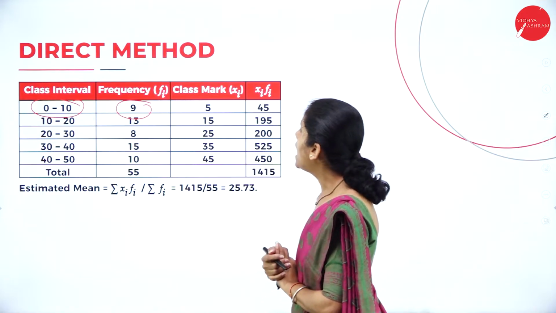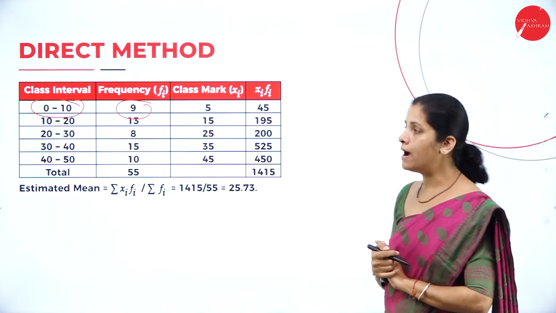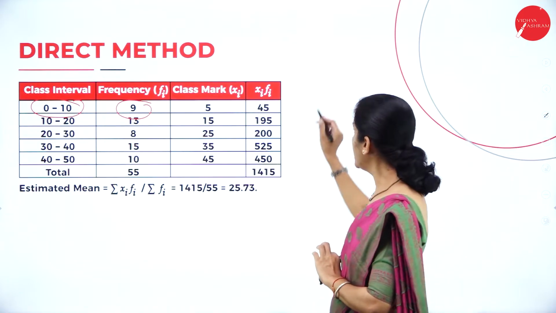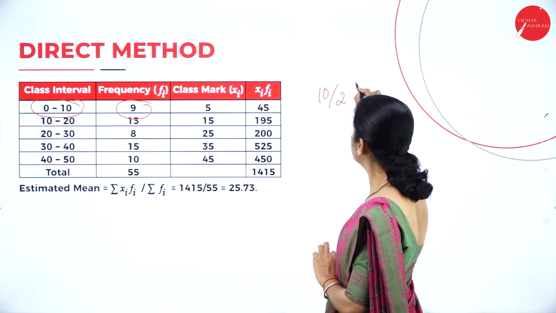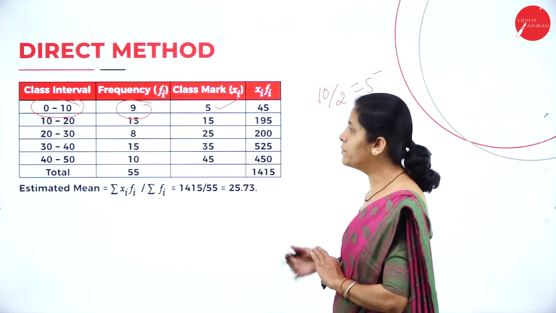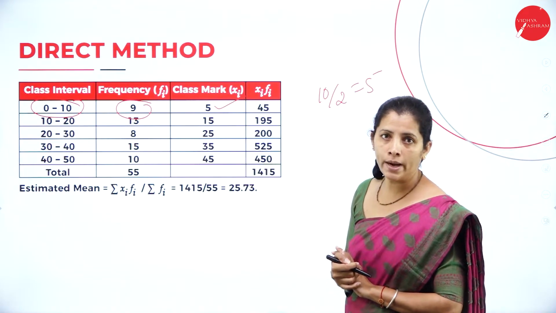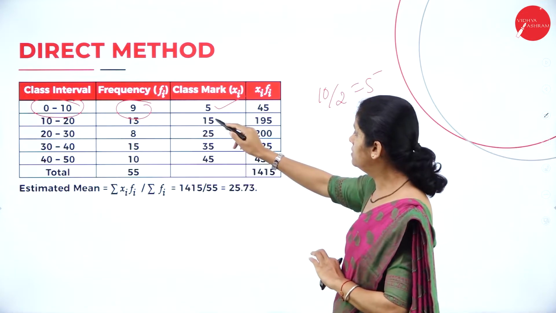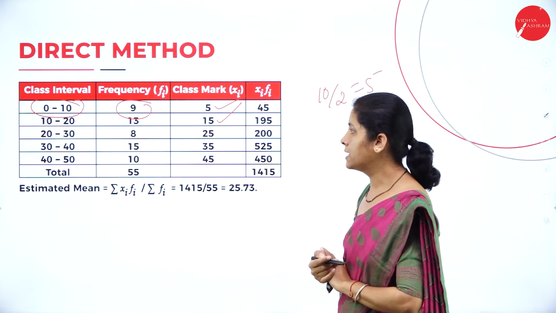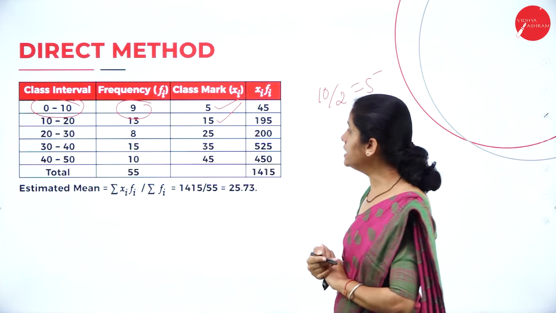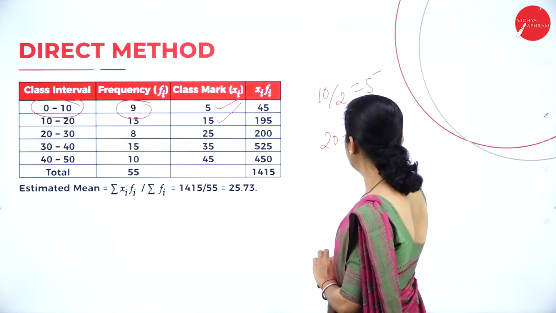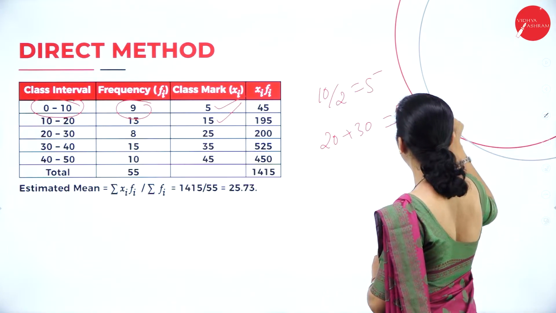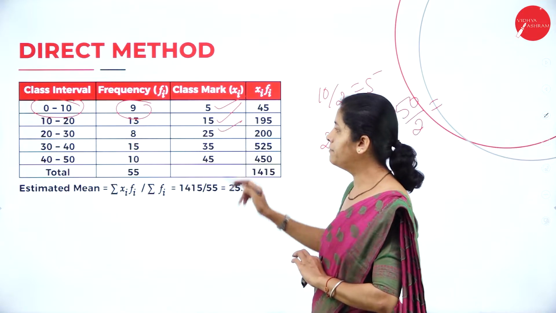Now I want to find the mid value. 0 plus 10 is 10, divided by 2 is 5. Next, 10 plus 20 is 30, divided by 2 is 15. Next, 20 plus 30 is 50, divided by 2, so 25, and it continues.